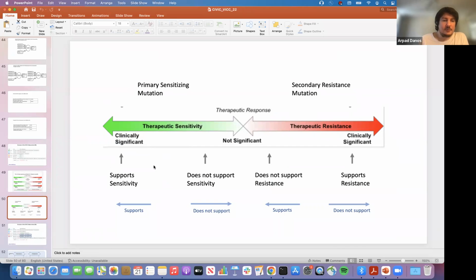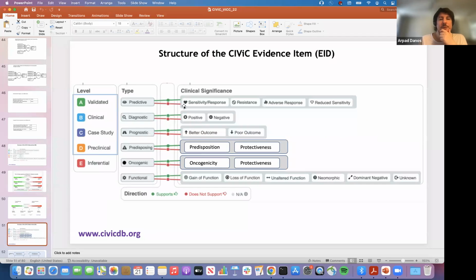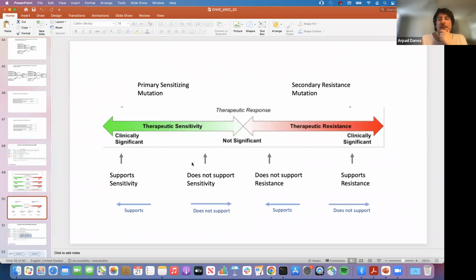And we have this direction again. We can talk about supports, or we can talk about does not support. Some of our earlier examples showed that for the evidence items. We had a negative diagnosis, but we can tag our evidence items with supports or does not support. We have this evidence direction, which allows us to assess mutations for being either primary sensitizing or secondary resistance.